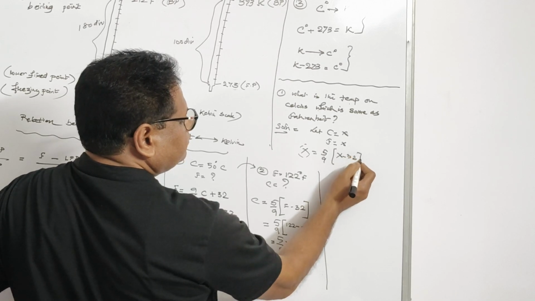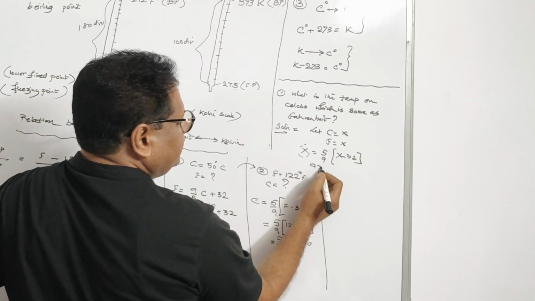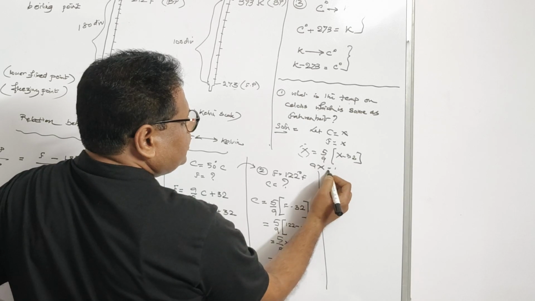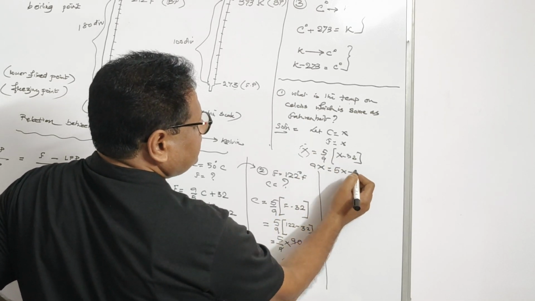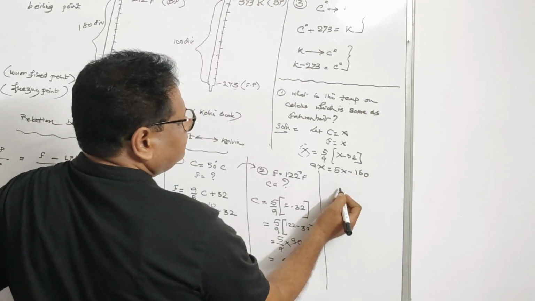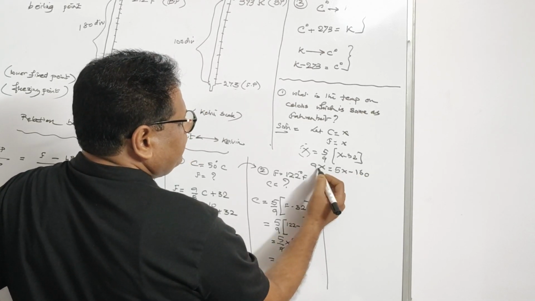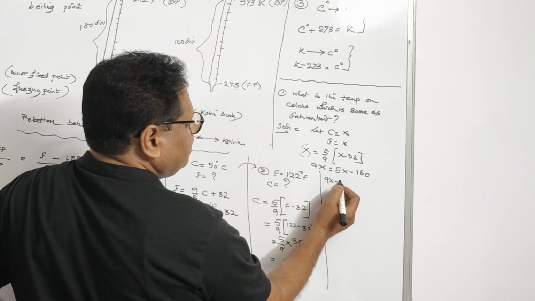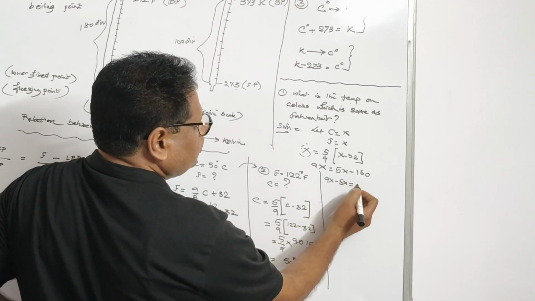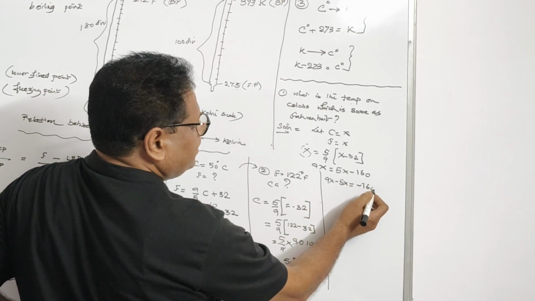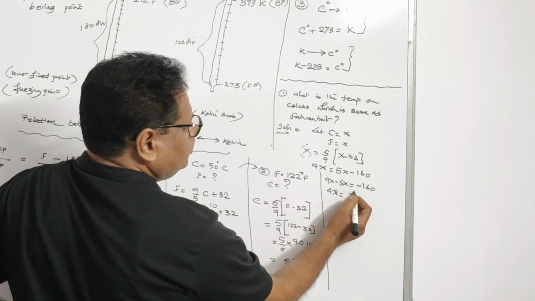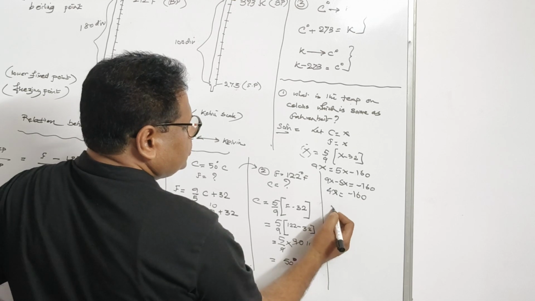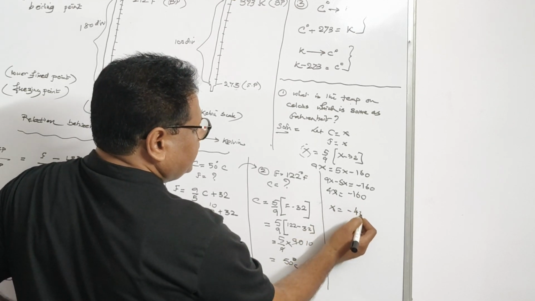Here you can cross multiply. 9x equal to 5x minus 160. Now if you shift x over here, it is 9x minus 5x equal to minus 160. Be particular about the sign. So you are getting 4x equal to minus 160. So x comes to minus 40 degrees.